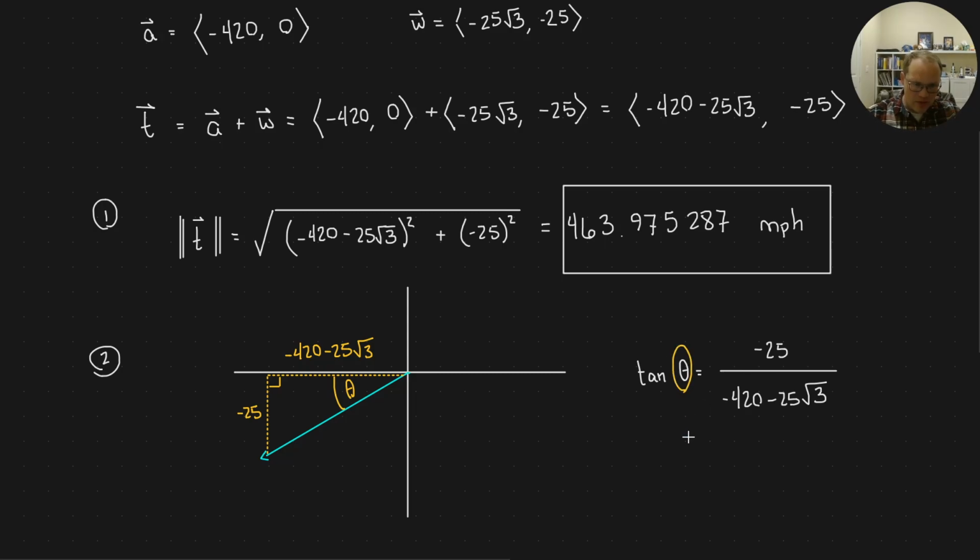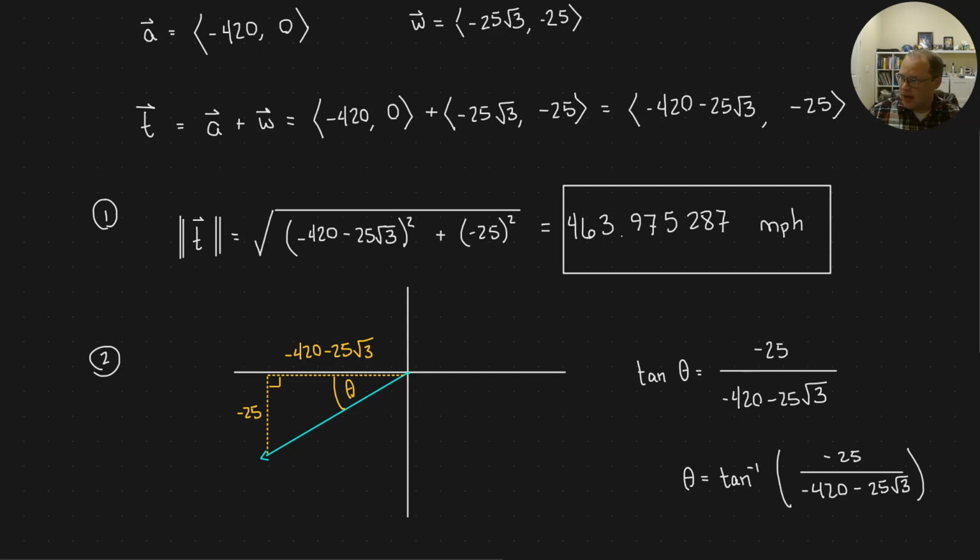And now I'm looking for the theta, so let's untangent it. That's arctangent. Arctangent or tangent inverse of negative 25 over negative 420 minus 25 root 3. Okay? That's another calculator problem.